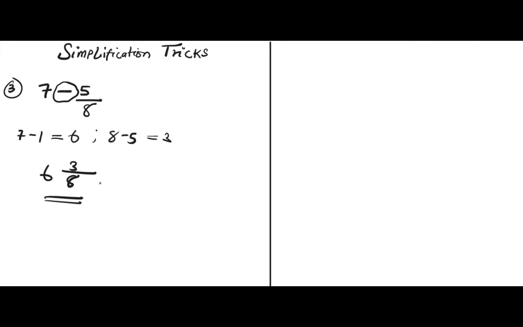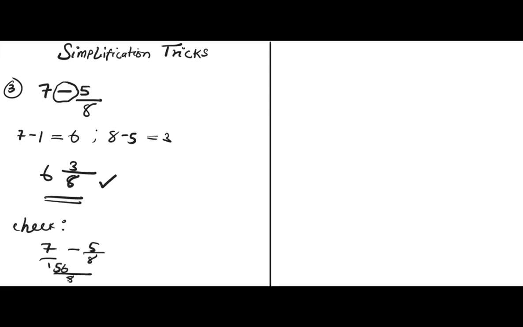If you want to check, let's check. We have 7 over 1 minus 5 over 8, and the LCM is 8. So we have 8 divided by 1, and we have 8, and we have 8 times 7, and we have 56.